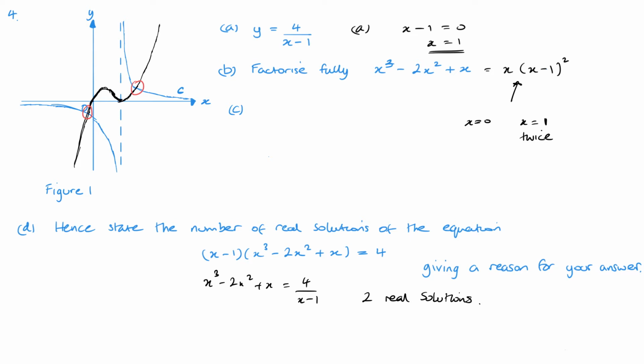There we are. And it says give a reason for your answer, and that's where this came in. This was important here. It's because you just want to say that this is the same as this. So it's where the two graphs intersect each other. So you could just say, this is the same as the question, however you want to say that.